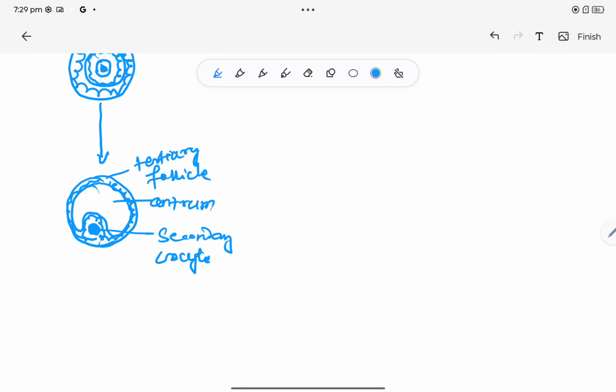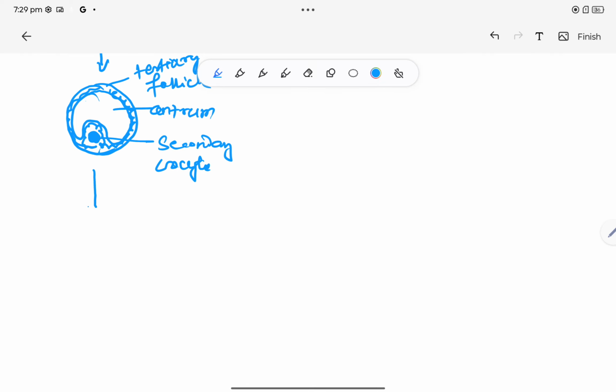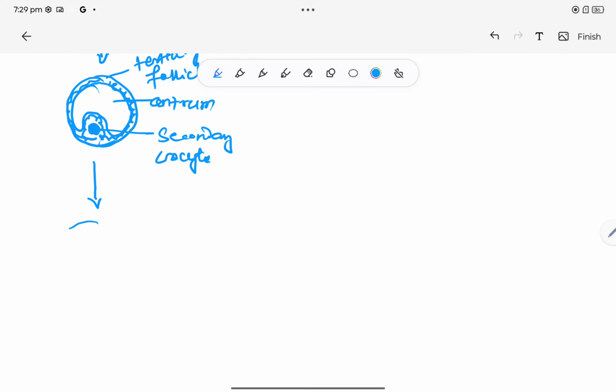Okay. Now this tertiary follicle develops into the Graafian follicle. In the Graafian follicle the structure is somewhat like this.